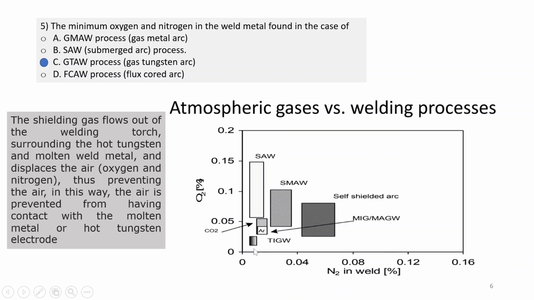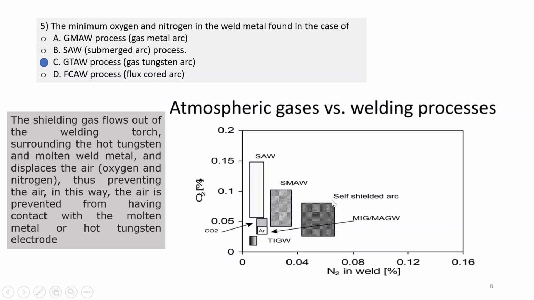So the one that has the least in both oxygen percentage and nitrogen percentage is TIG welding, which is also known as GTAW, gas tungsten arc welding. Okay, so this one would be the correct answer, and the highest will be submerged arc welding, which has the highest oxygen percentage, and self shielded arc will have the highest nitrogen contamination in its weld pool.